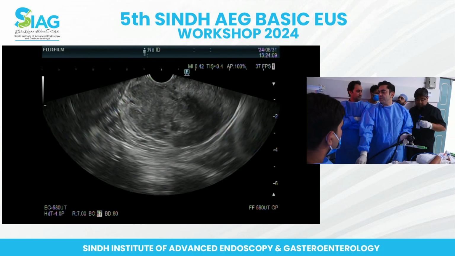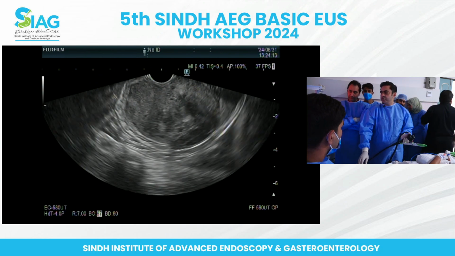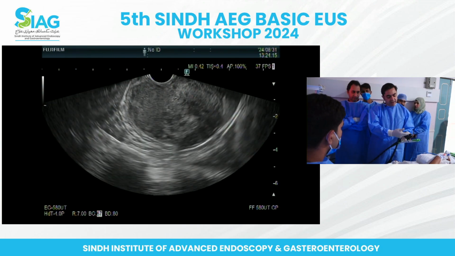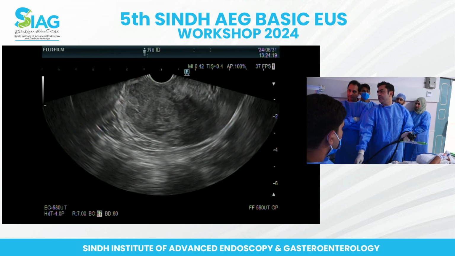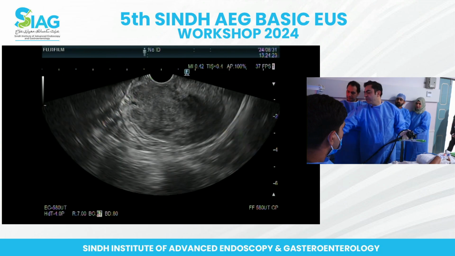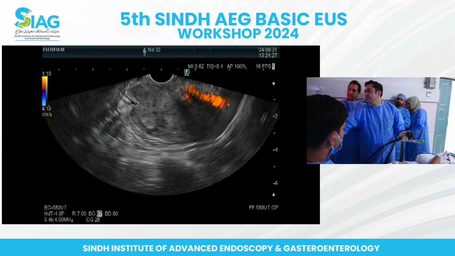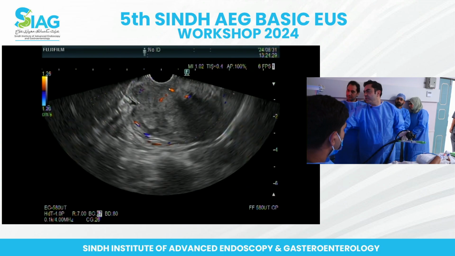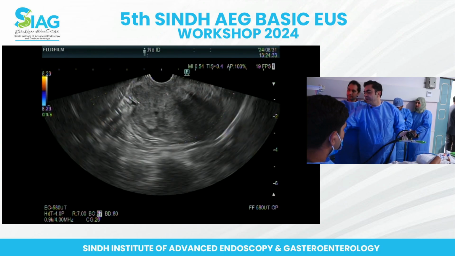So I'll just request my assistant to give a bit of an anti-clockwise torque. I've positioned myself well on it. In this particular case, I have locked the wheels because it will give me stability in putting the needle in. I've selected an area. I'm going to put some Doppler there to make sure that there are no large blood vessels. Small blood vessels, to be honest, I don't bother that much about, but there shouldn't be any large blood vessels there.